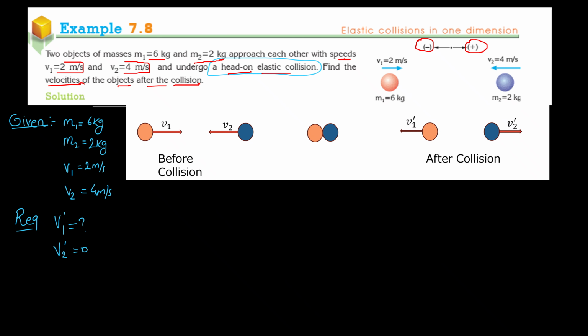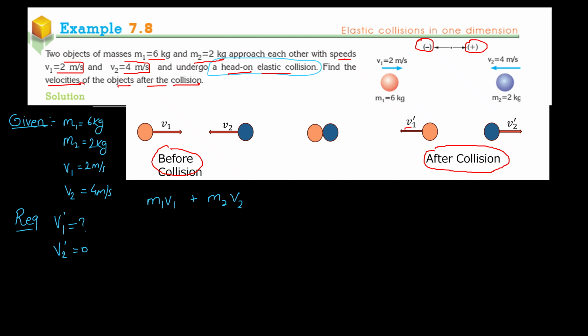We can consider this one. Before collision both objects are moving toward each other, and after collision they are moving away from each other, and their velocities are different, and we represent the velocities of the objects after collision with a prime.